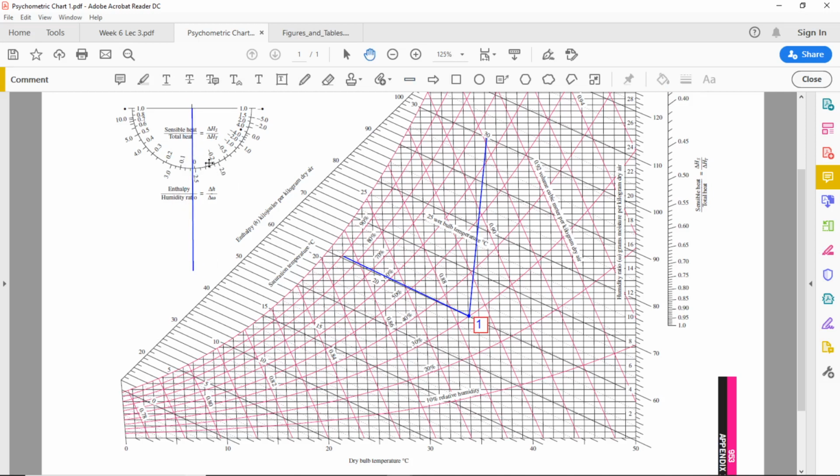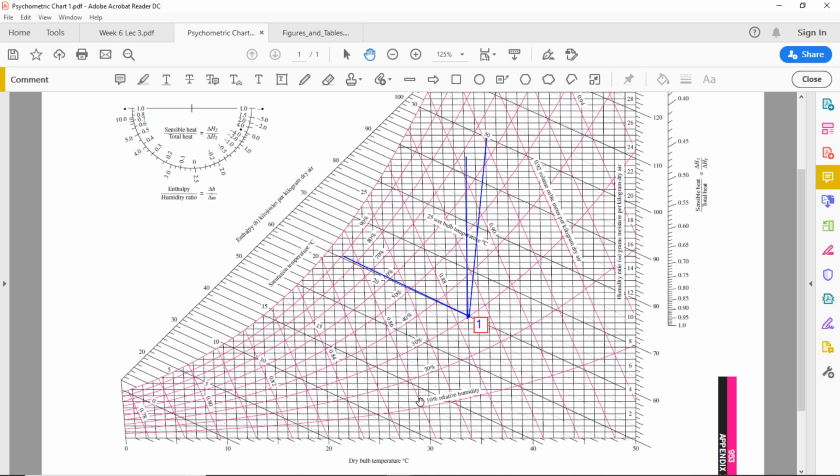And then if I take this over here, you can see I've got almost the same line without any change in the dry bulb temperature. So that is a verification of the conditions that we had identified when the humidification process is being carried out.